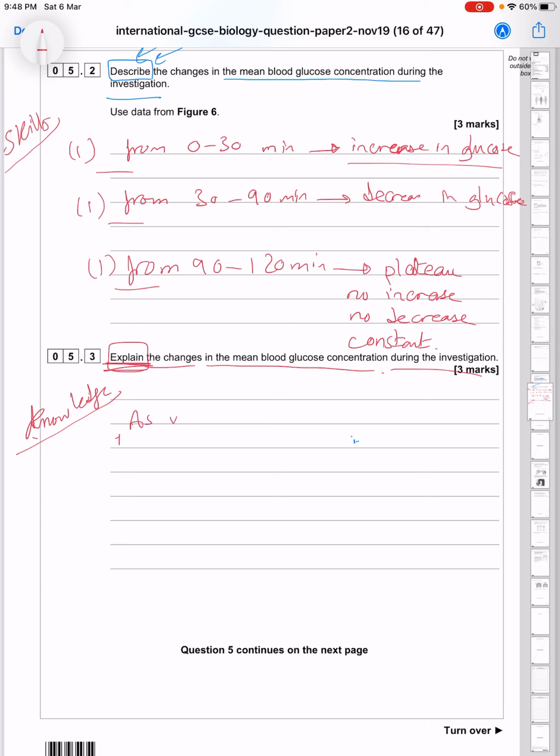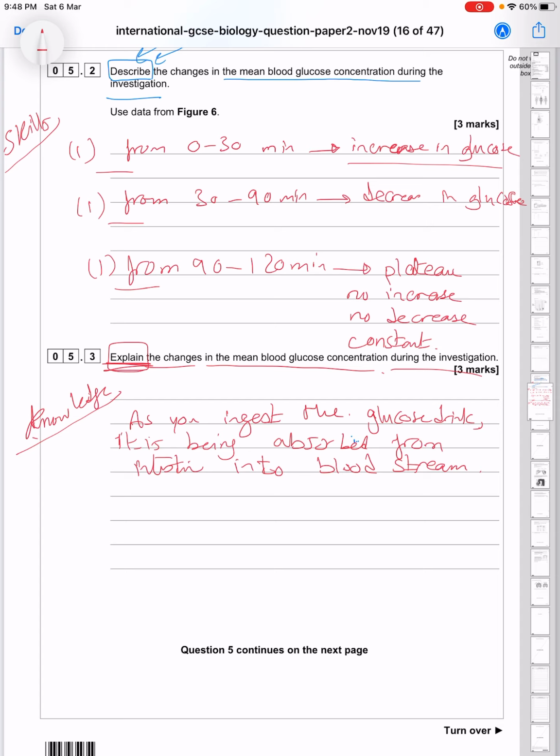Because as you ingest the 50-gram glucose drink at the very beginning, it is absorbed from the intestine into the bloodstream. This is why there is an initial rise.